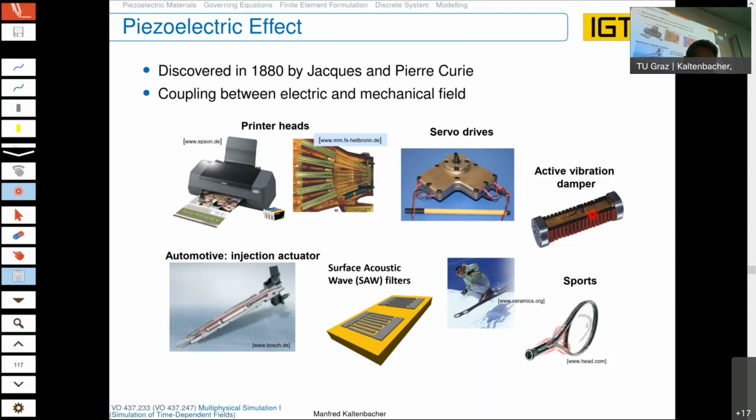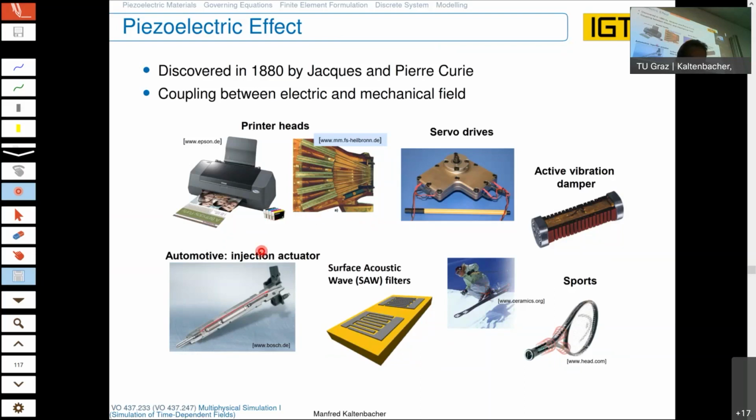So you have a lot of piezoelectric layers, always in between are the electrodes, and you can use this as an active vibration damper, as it is also used in sports, here for skiing, for example. And here it will be in a case that an additional electric circuit will be attached to it, and you get then also some kind of damping in this case.